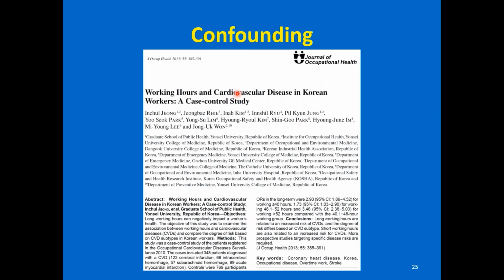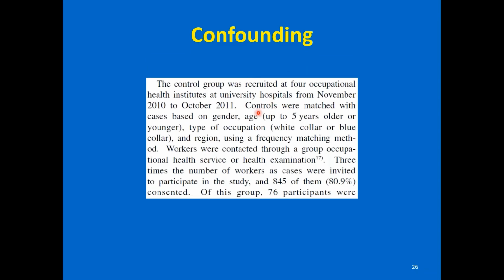You adjust for the confounding effect of all these variables on the association between working hours and cardiovascular disease using this matched case control study, purely based on the association between the exposure and the outcome after excluding the confounding effect of the variables that you matched up. In this case, gender, age, type of occupation, and region.